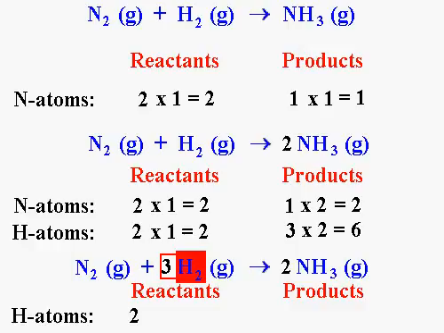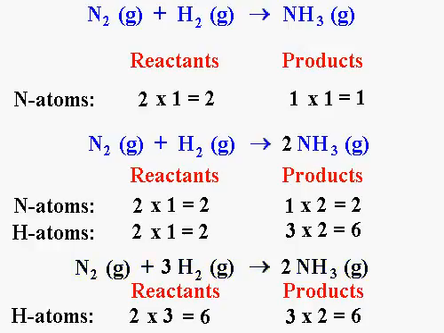So 2 atoms per molecule times 3 molecules of H2 makes 6 hydrogen atoms. The number of hydrogen atoms on the product side of the equation hasn't changed. There are 3 hydrogen atoms per molecule of NH3, 2 molecules of NH3, so a total of 6 hydrogen atoms. Now the hydrogen atoms balance as well.